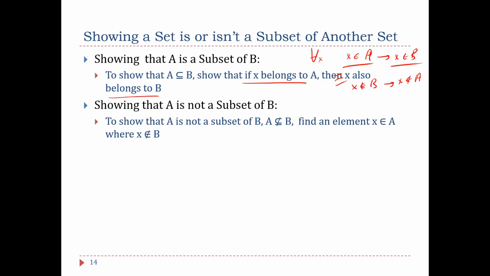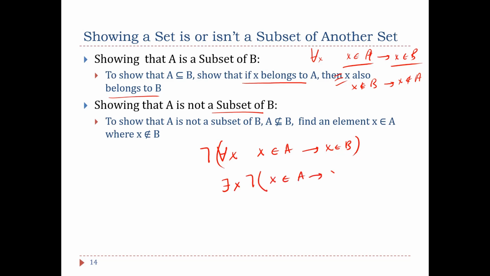To show that A is not a subset of B, it's sufficient to find a counterexample. If you want to show that it's not the case that for every element X, X belongs to A implies X belongs to B, then it's sufficient to show that there exists an X such that not this implication.